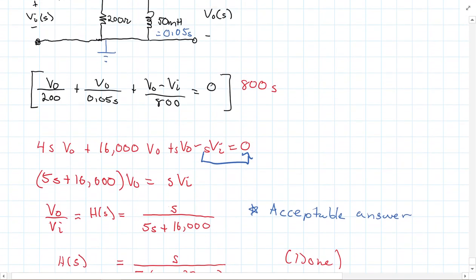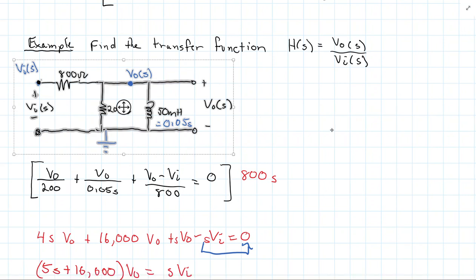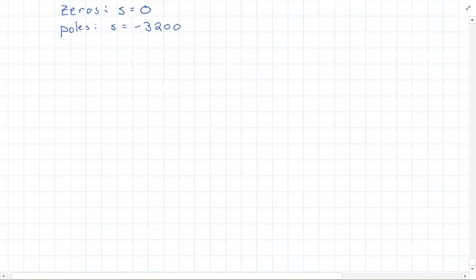Now I'm going to do this same problem again. What I'm going to do is lasso this circuit. Yes, I just called the circuit a bad boy. Okay, come on.